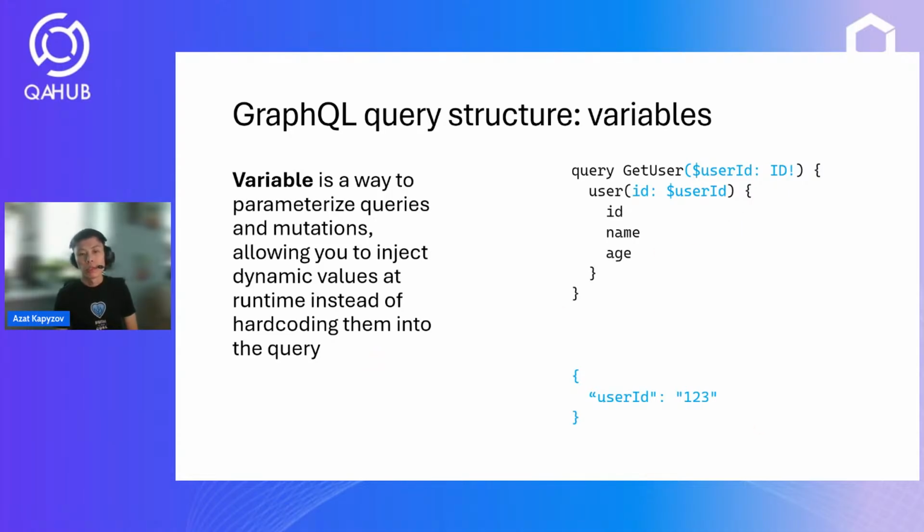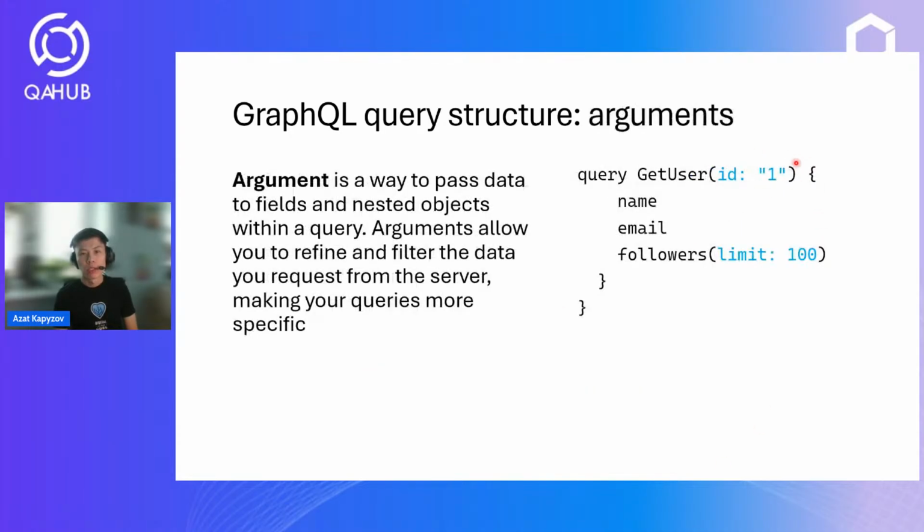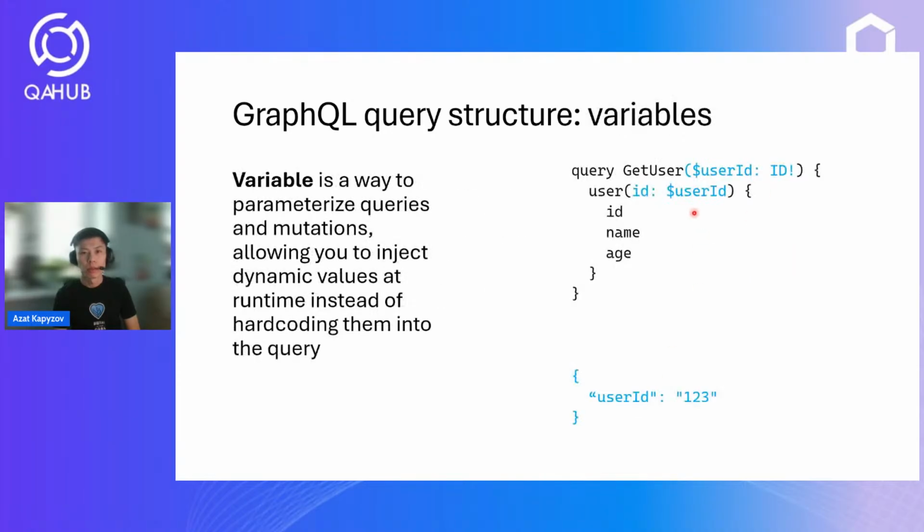So in the previous example, we used static values in arguments, but if we want to use dynamic ones, we can use variables. In this case, for example, we specify the variable user ID and its type, and we pass it here in the query.